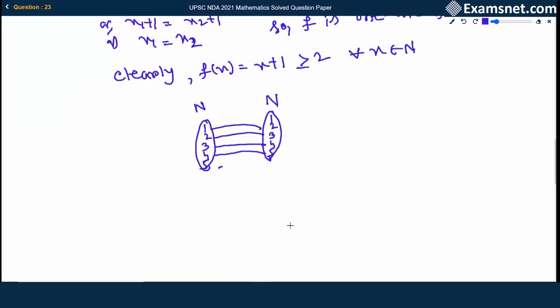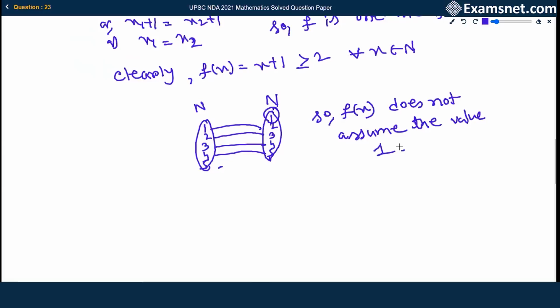This way it goes on. But look here, in this case, 1, which is in the codomain set, doesn't have any preimage in its domain, right? So f(x) doesn't assume the value 1, right?